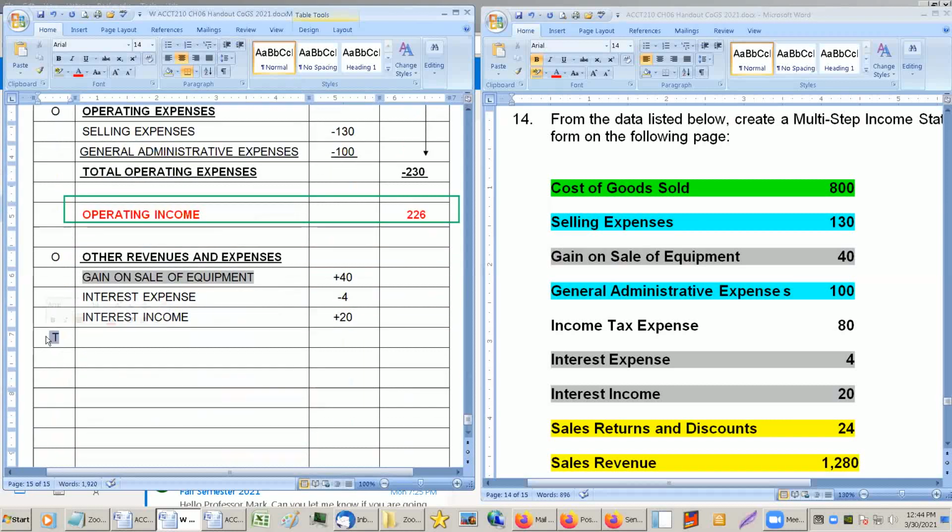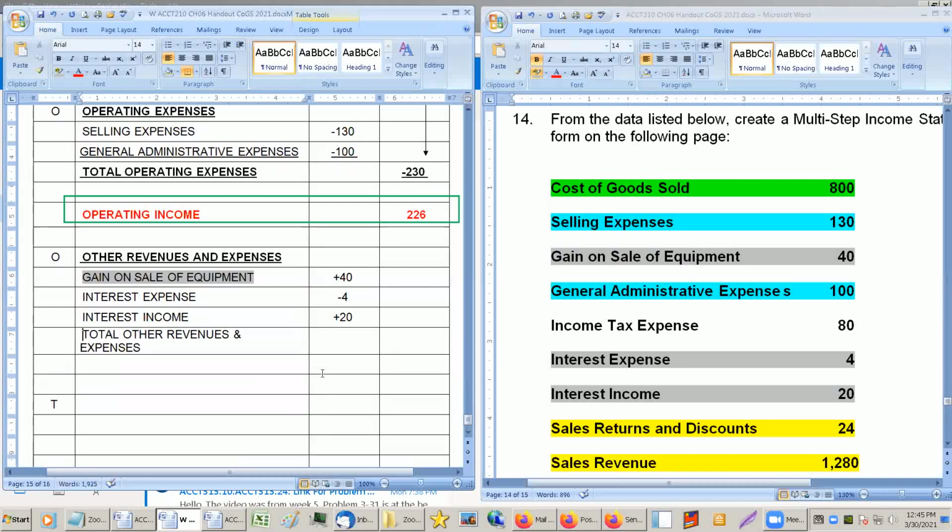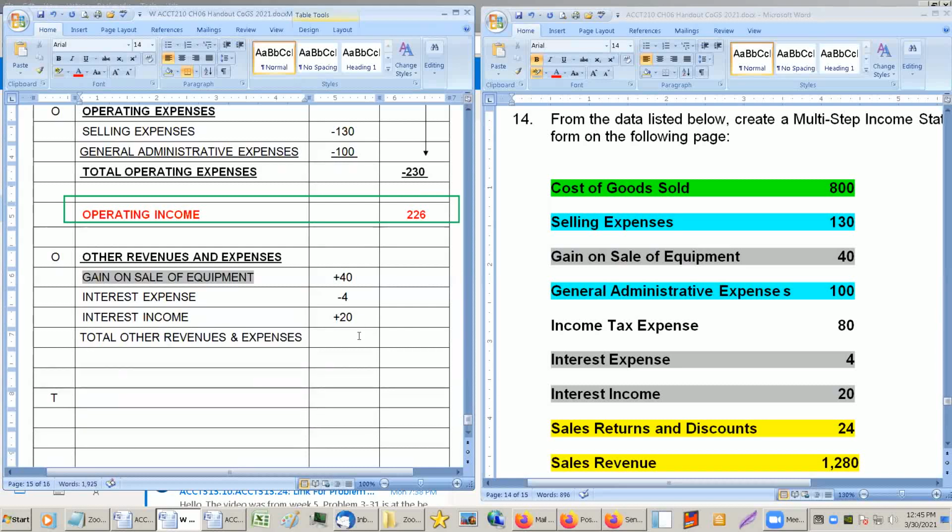And I'll move my taxes down here a ways. Okay, so this will be our total other revenues and expenses.